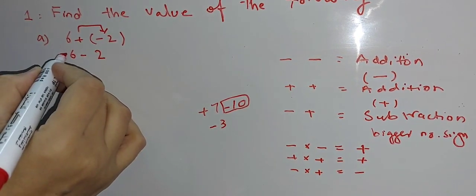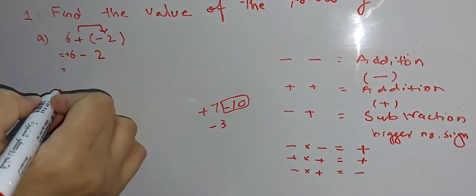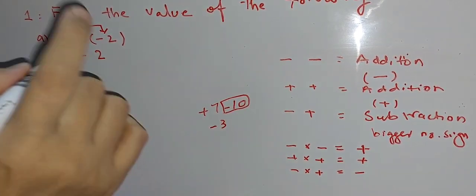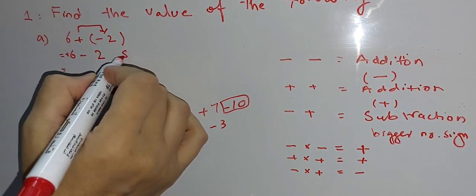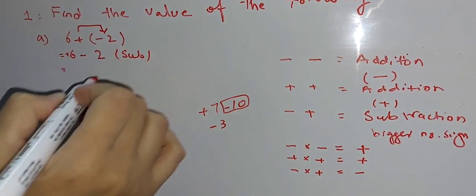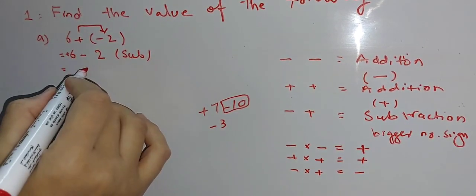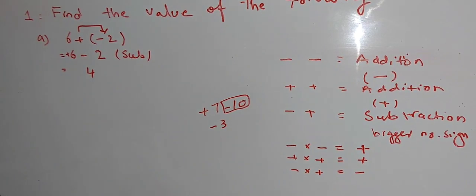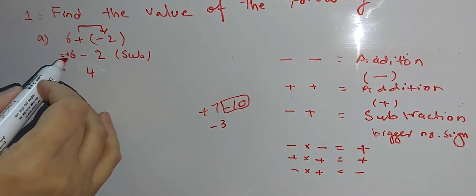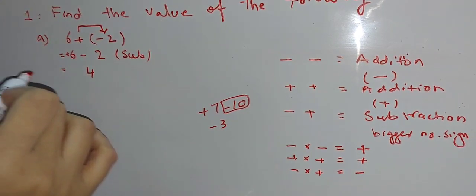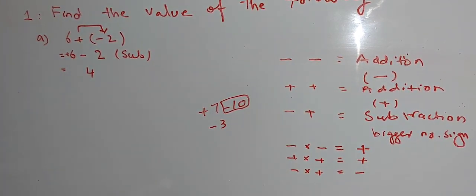Now plus 6 and minus 2, we will go for subtraction. We will subtract 6 minus 2, 4. Now we have to put minus sign or plus sign. We will put plus sign because the bigger number carries plus sign. So the answer will be positive 4.